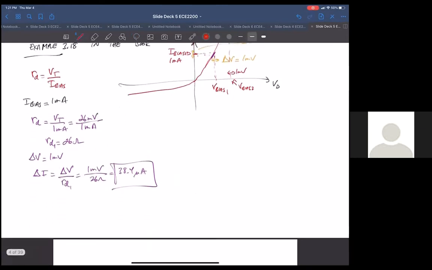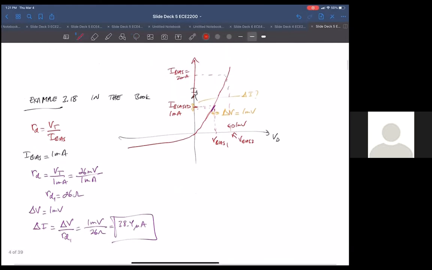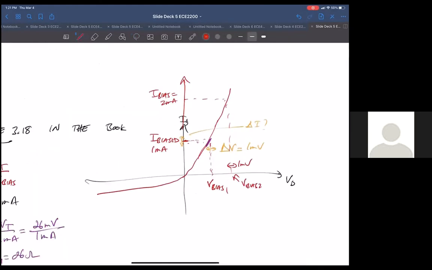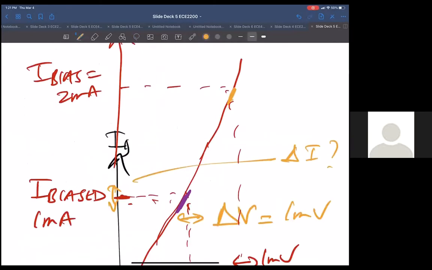Well, it's a small signal model, so we have to zoom in here and calculate what the resistance is here. Notice that the resistance here is going to be different than the resistance here. This resistance was only good for an approximation of this small distance here.